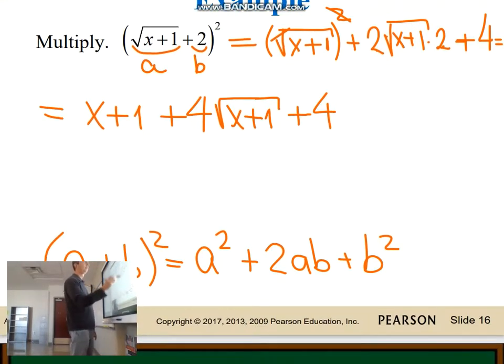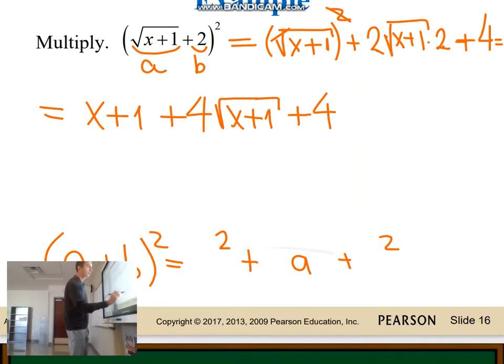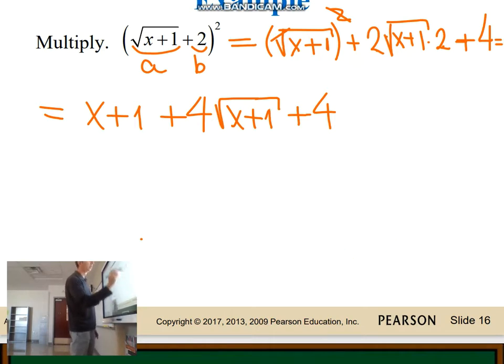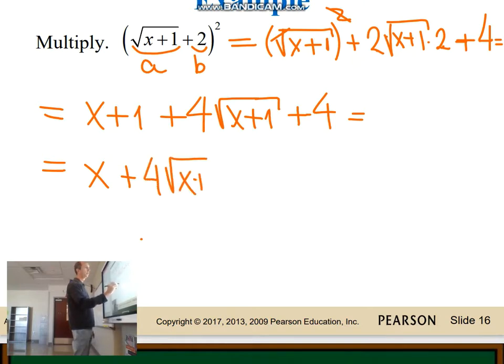And finally, just erase this. This is just a formula that we used. This is equals, and we can have x plus 4 square root of x plus 1 plus, combine 1 with 4, 5.